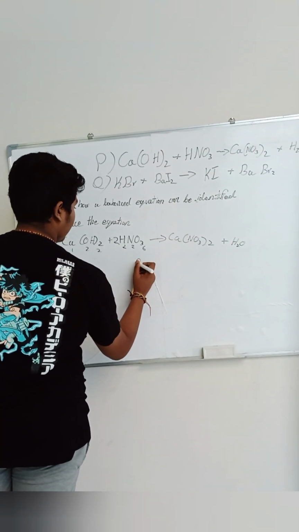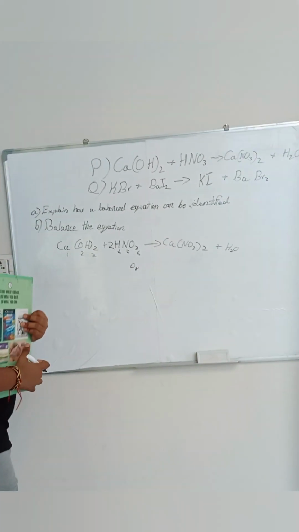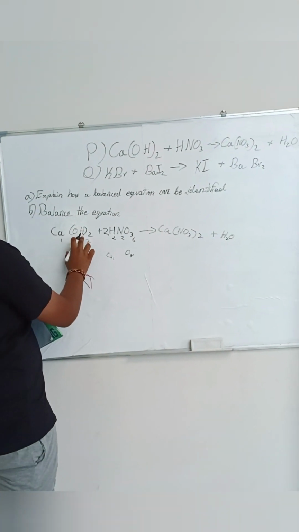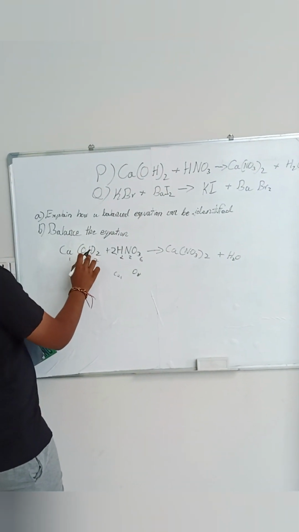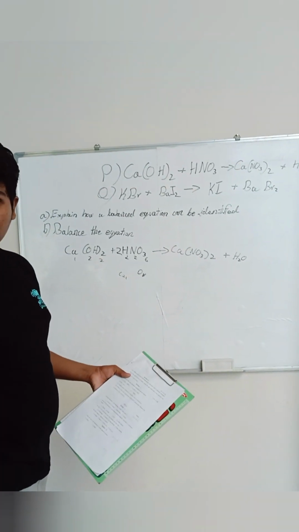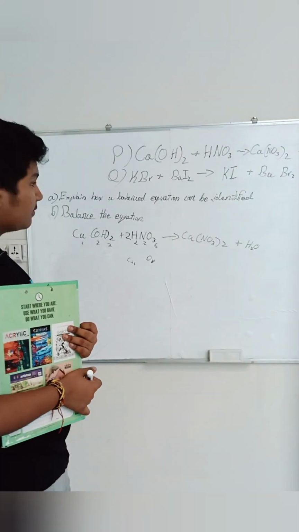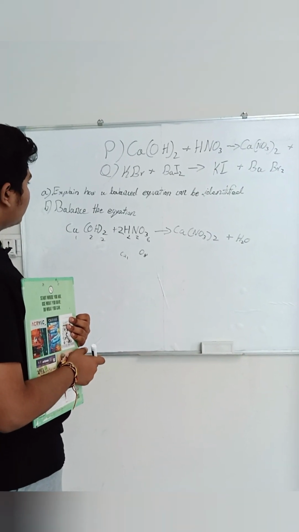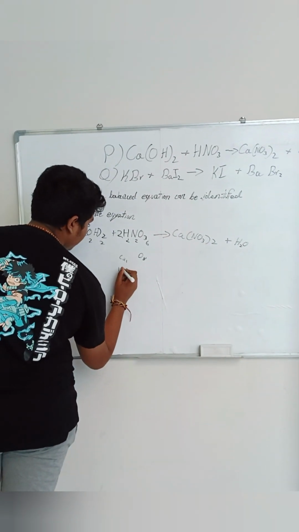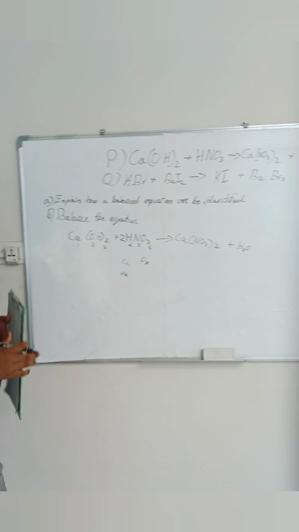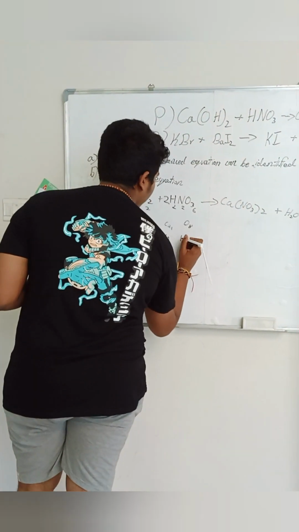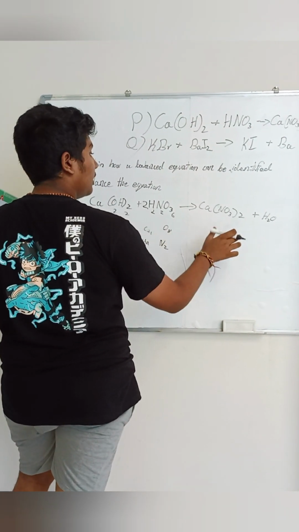So O8 will be there. Ca is 1, and H, what will be H? H2 plus H2 is H4, right? So H4 is present here. As for N, it is 2. So here also 2.